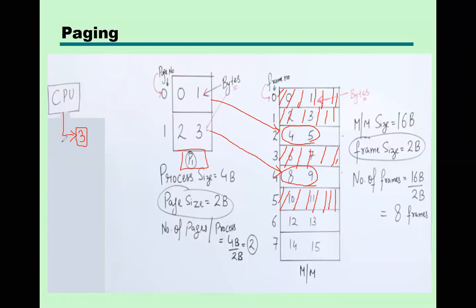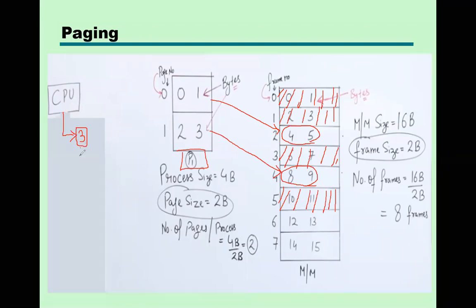With this memory management unit, we have to map this 3. Where is the 3 in the main memory? Obviously we have to map this 3 with the 9. So how can we map this 3 with the 9? This is another question, right? For that purpose, we require a page table.